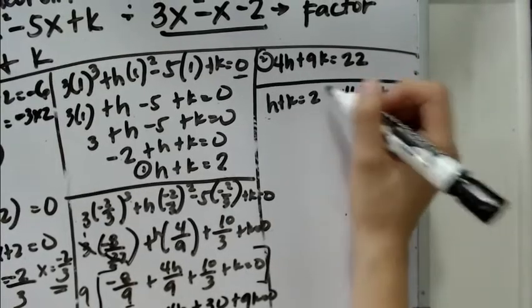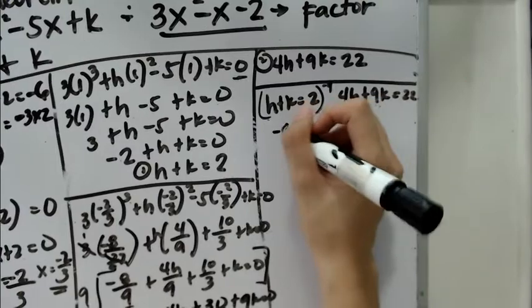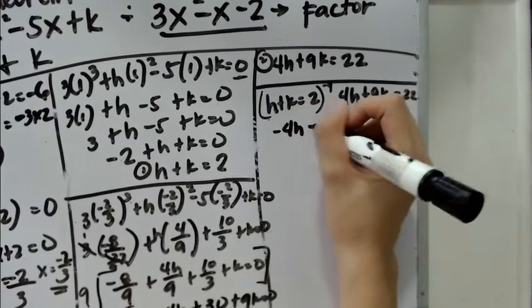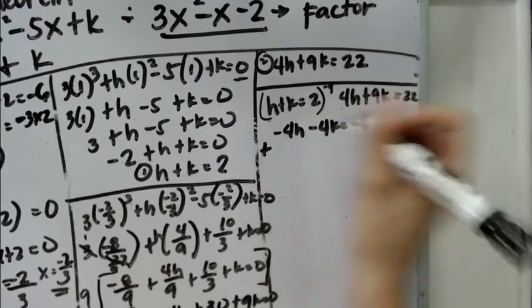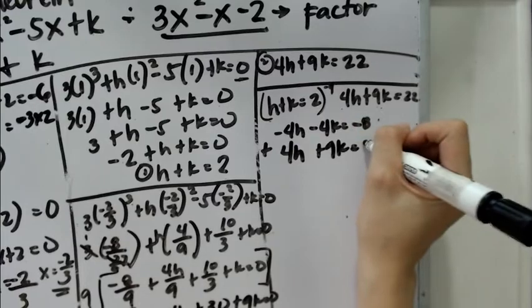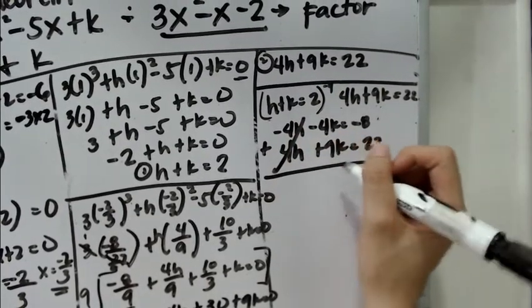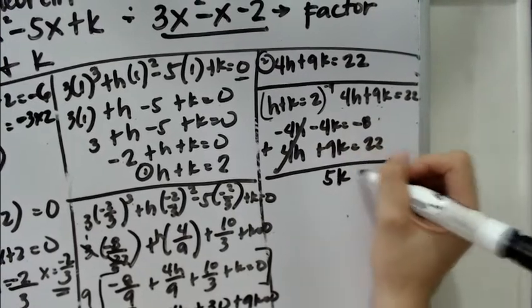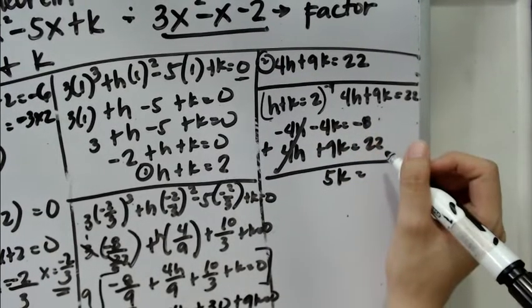So I am going to multiply this one by negative 4. So we have here negative 4h minus 4k is equals to negative 8. Plus, I will combine this one, 4h plus 9k equals to 22. So we can now eliminate h. Negative 4k plus 9k is 5k equals to negative 8 plus 22.